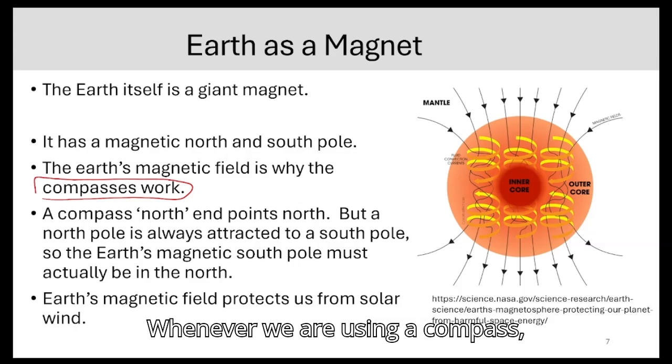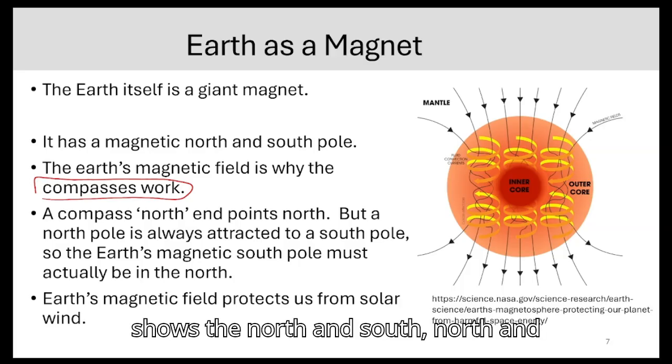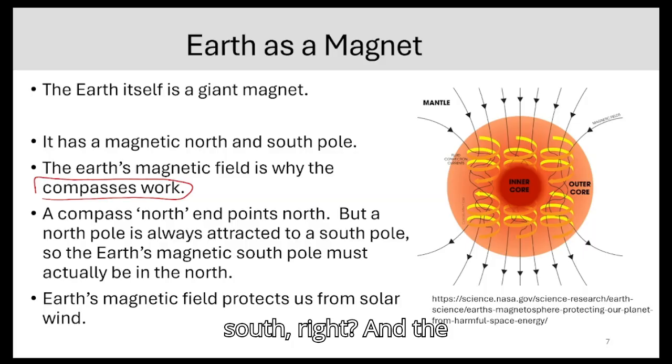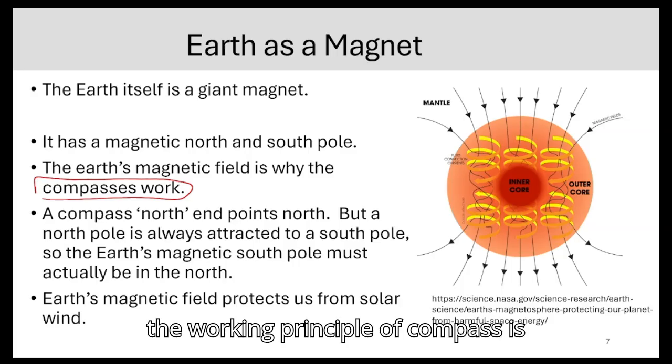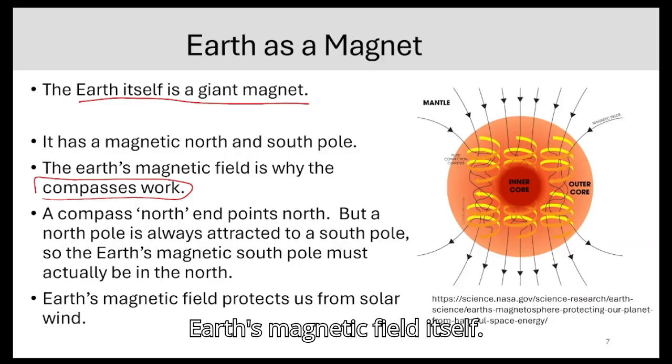Whenever we are using a compass, it shows the direction, the north and south pole, right? The working principle of a compass is based on the Earth's magnetic field itself.